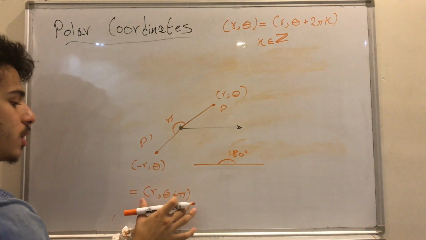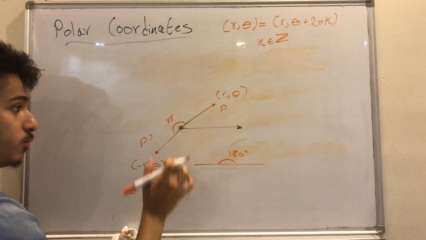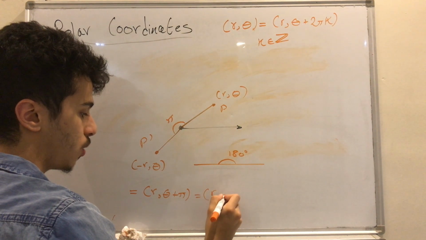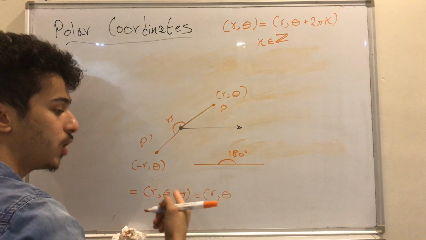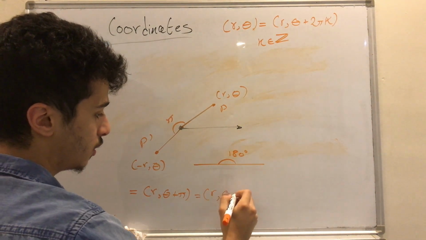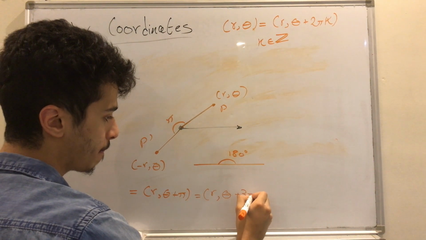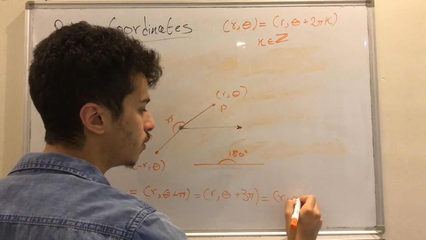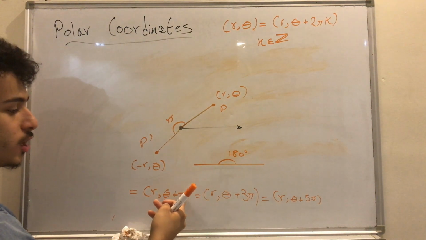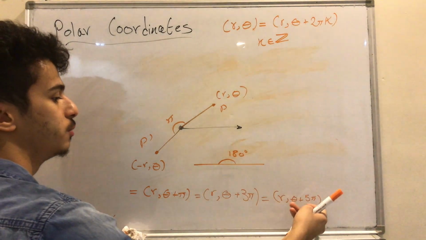Well, we could do the same thing here. We could add a 2π and we'd end up in the same place. So this is equal to (r, θ + π + 2π), the 360 degree rotation. You'll end up with 3π. Add another 2π, you'll end up with 5π. And if you notice here, you have 1 times π, 3 times π, 5 times π.